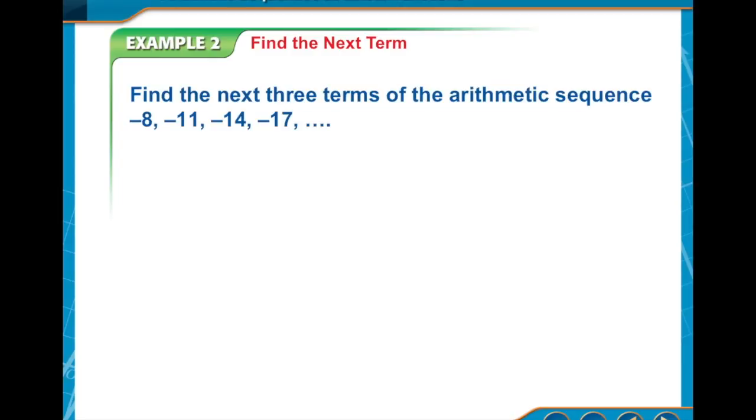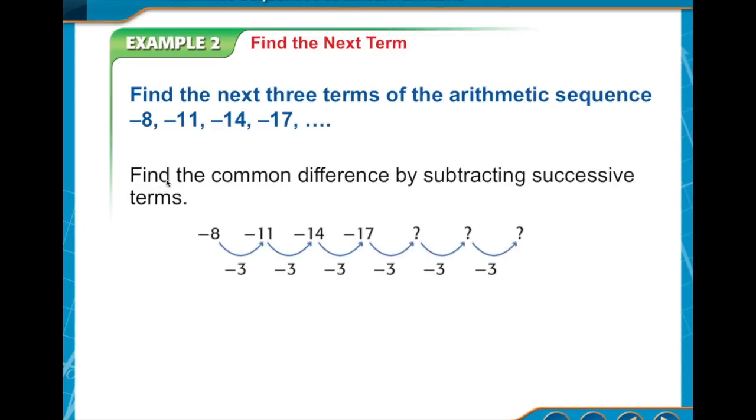So example 2. We want to find the next 3 terms of this arithmetic sequence. Given these numbers, we want to find out what will come after this based on the pattern. So first, what is the common difference? How are these changing each time? With a little bit of comparison between these numbers, we see they're going down by 3 every time.